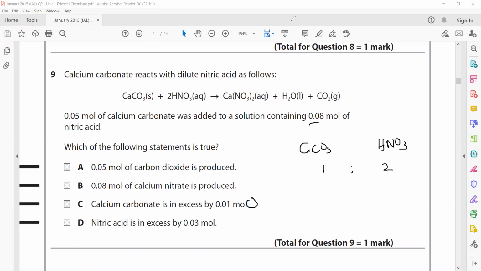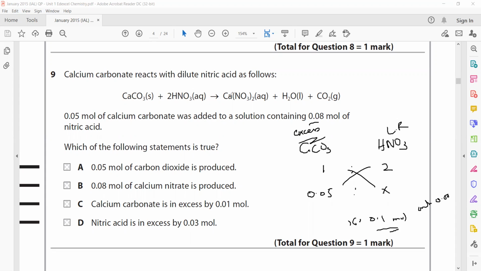So 0.05, how much do we need? We need X, so cross multiply. We need 0.1 mole of nitric acid, but we have only 0.08, so it means nitric acid is the limiting reagent and calcium carbonate is the excess reagent.